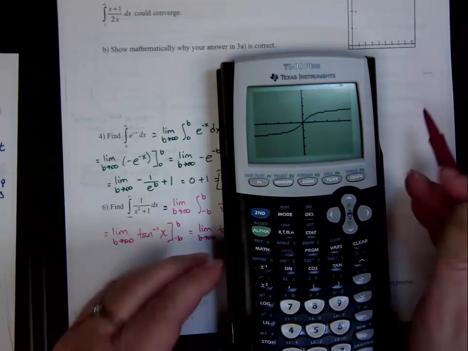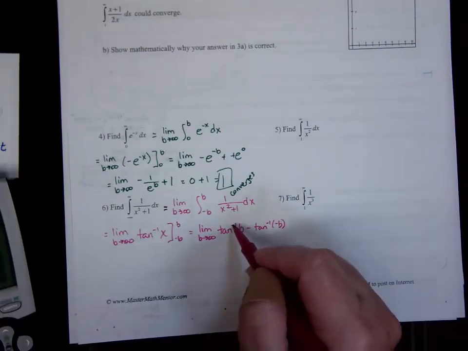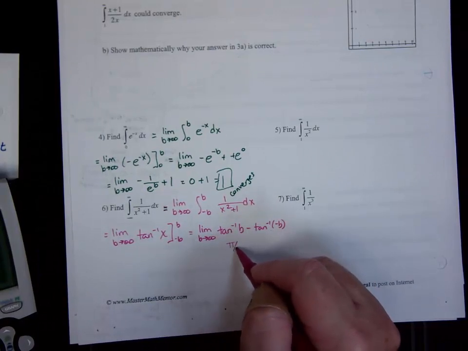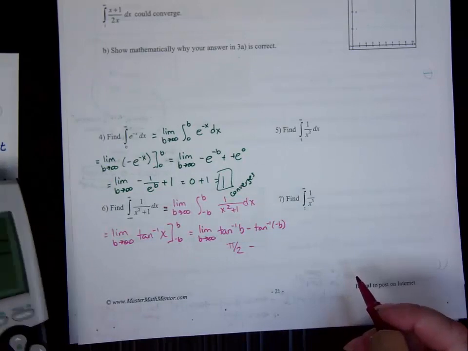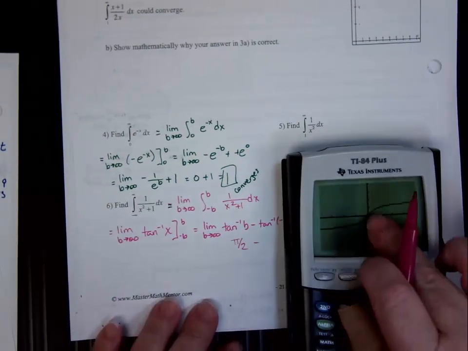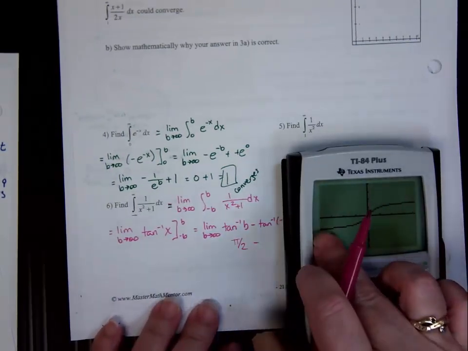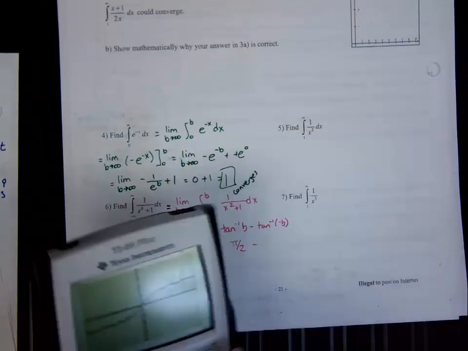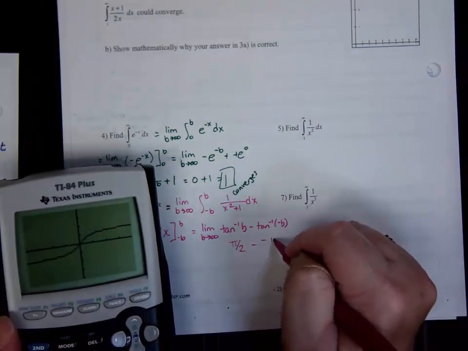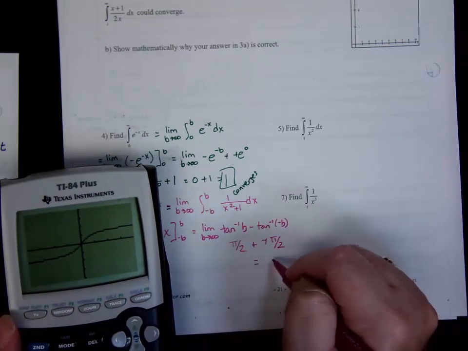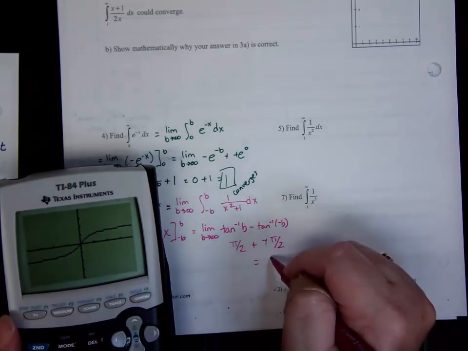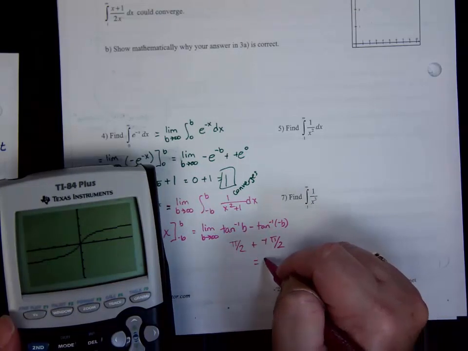So the answer to this one, tan inverse of infinity, is pi over 2. And then on the other one, the bottom side is approaching negative pi over 2. So this means it's going to be minus negative pi over 2, plus, plus. So that equals 2 pi over 2, which reduces to pi.